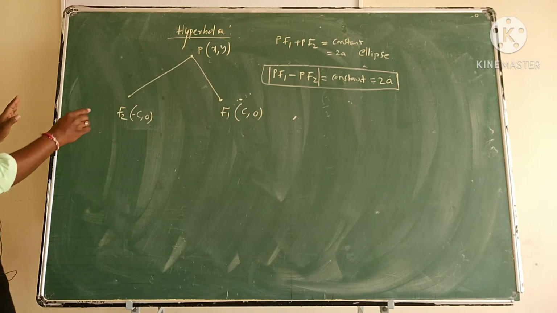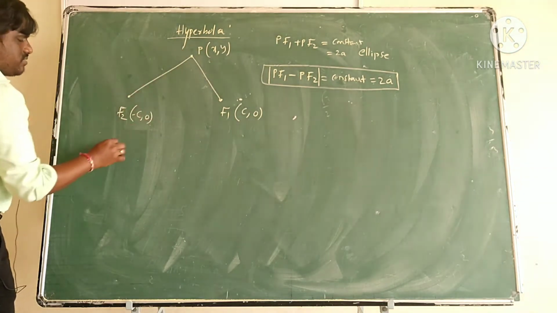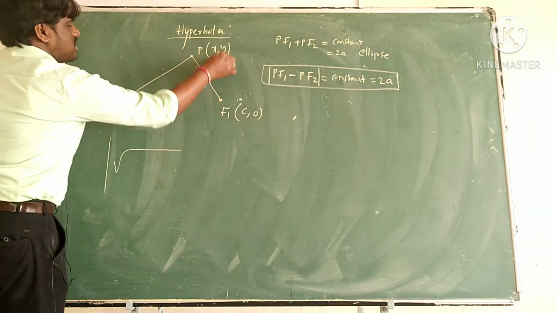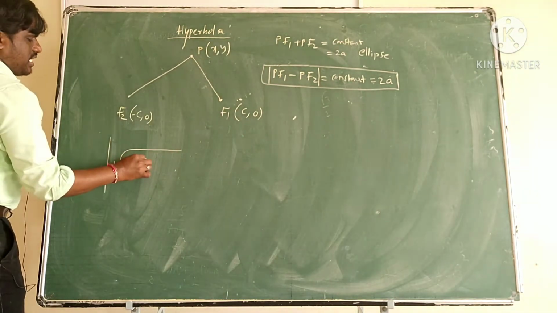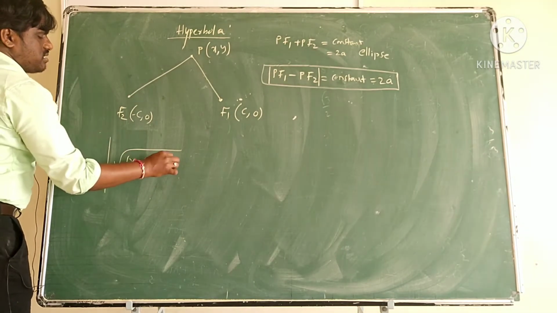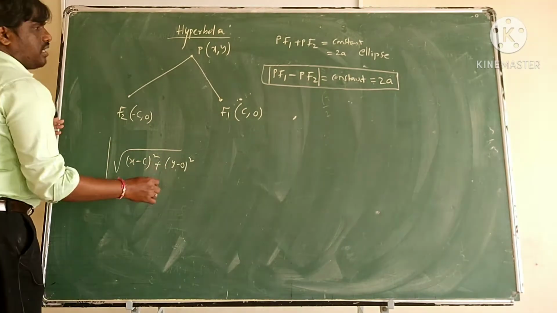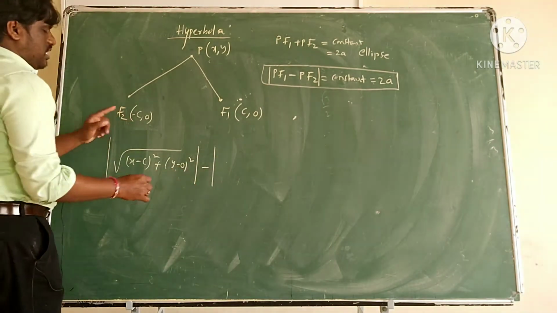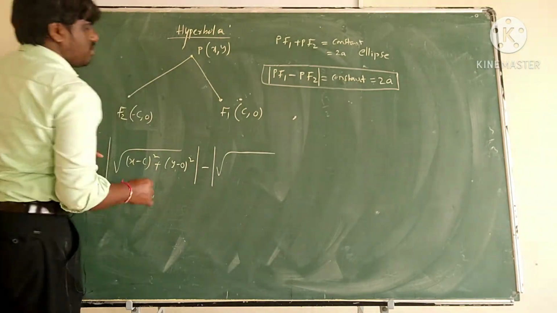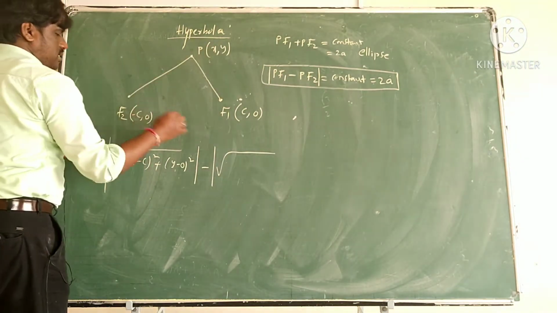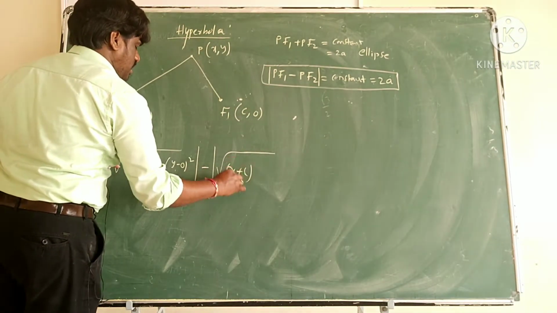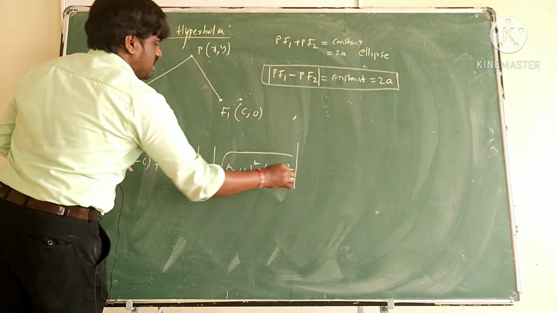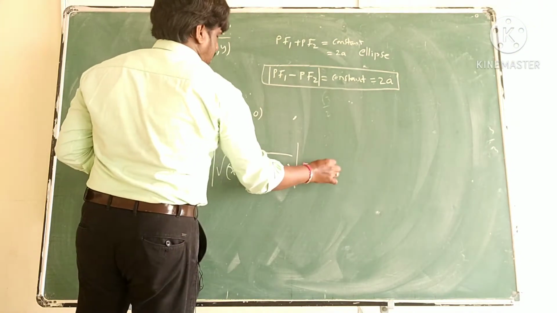So distance formula, you know, the PF1 distance will be how much? Under root of x minus c whole square plus y minus 0 whole square. This one minus, and another distance is what here? Square root of x plus c whole square plus y minus 0 whole square, and this difference is equal to 2a.